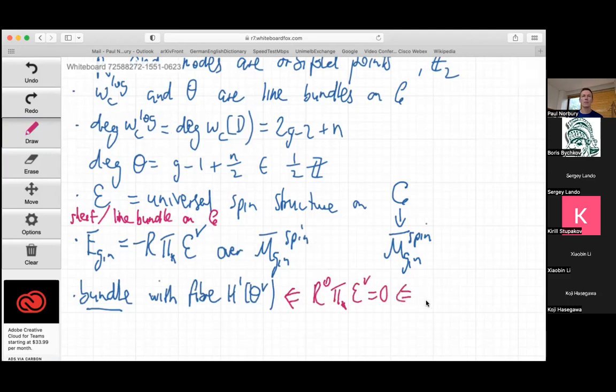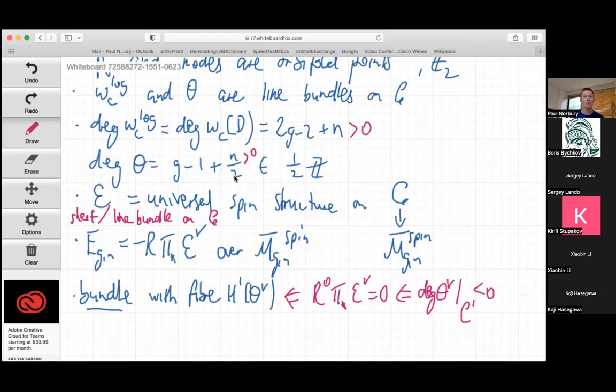So this uses the fact that the degree of this dual is less than 0. I said the degree is less than 0. Notice this is less than 0, because notice that this is greater than 0. This is 2g minus 2 plus n is greater than 0, hence g minus 1, oops, sorry, is greater than 0. But the negative of that is less than 0.